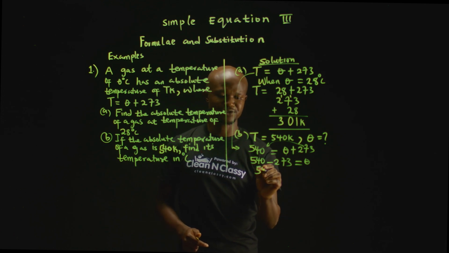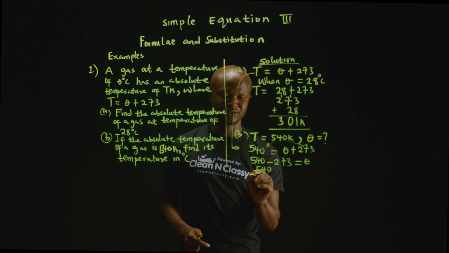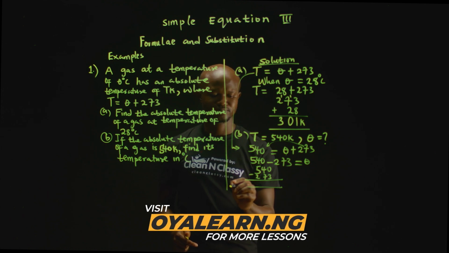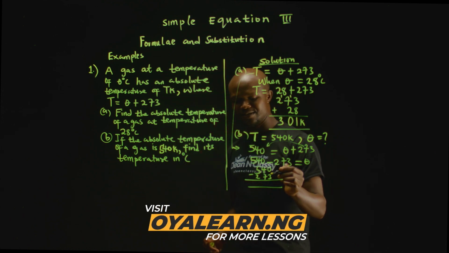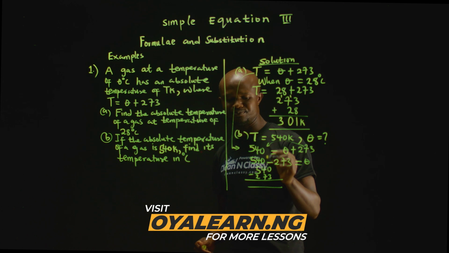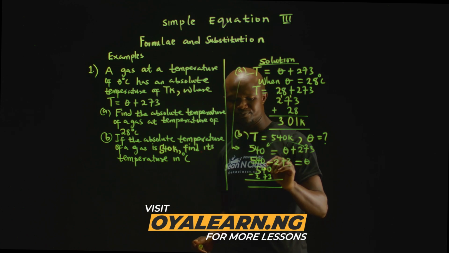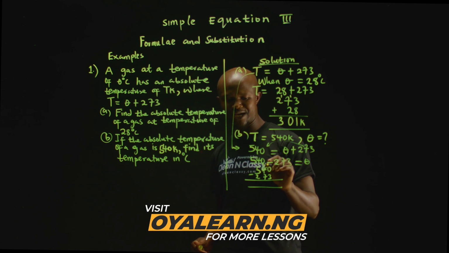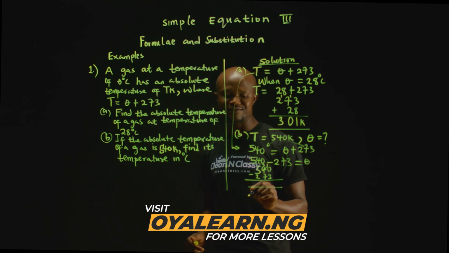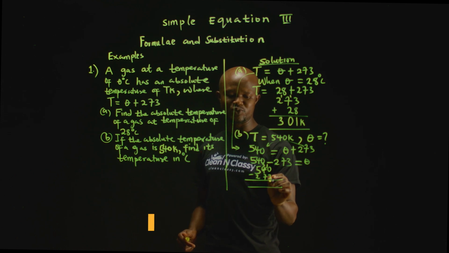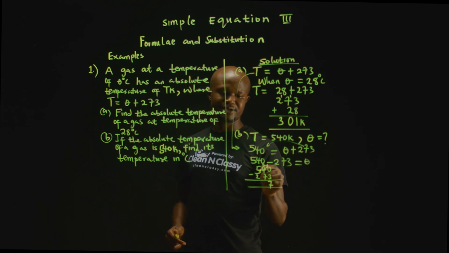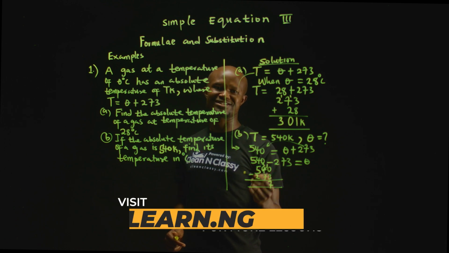Now, we need to take away 273 from 540. Now, 540 minus 273. From the back, we want to take away 3 from 0. You need to borrow. Borrow 1 from here, it will remain 3. So we add 1 to this. What do we have? We have 10. 10 minus 3, we have 7. Then 3 minus 7 now.